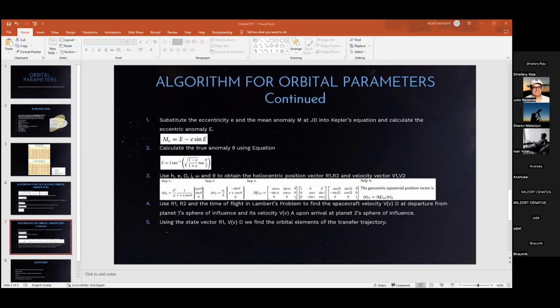So using this data, we calculate the transfer elements of the spacecraft in order to reach Mars, which are here. These are the transfer elements we need to get in order to reach Mars. And this is all the calculation which I showed in the PPT. And here is the final result.